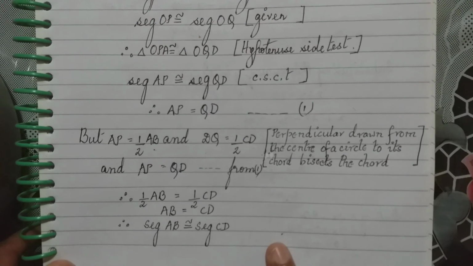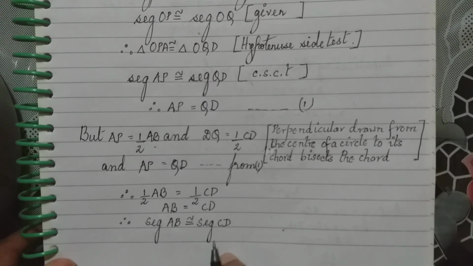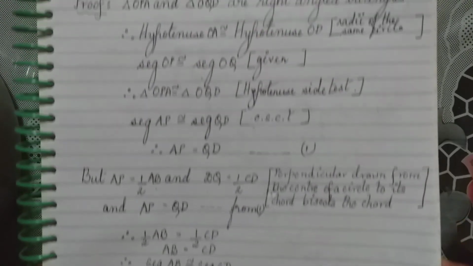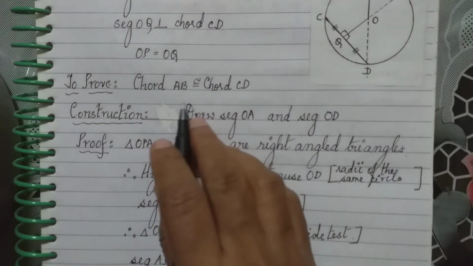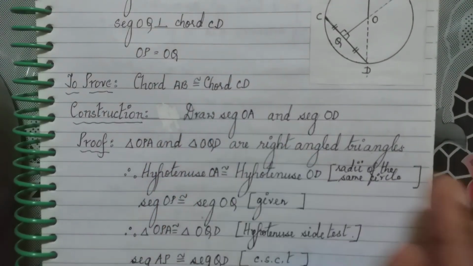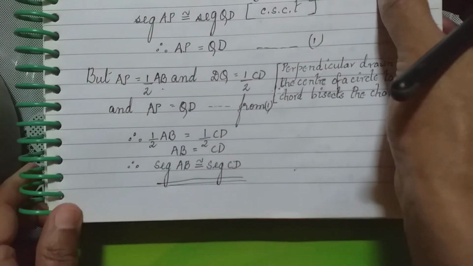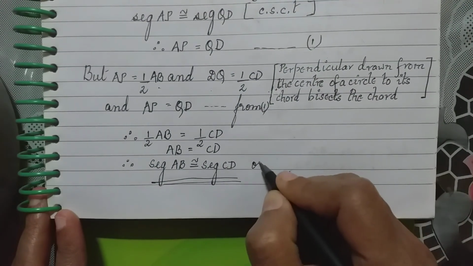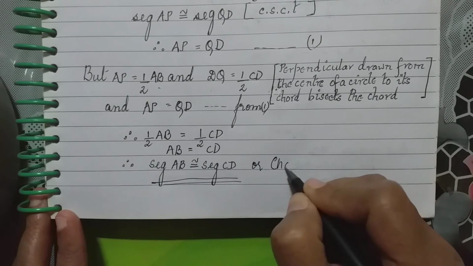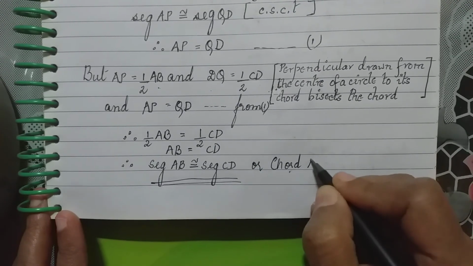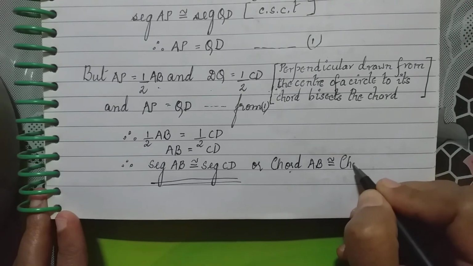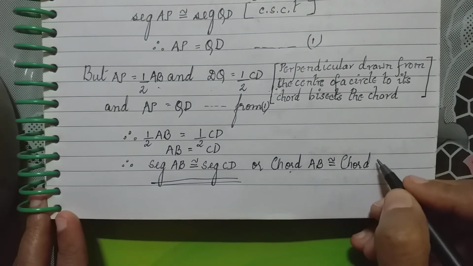And if AB equal to CD, it means that segment AB congruent to segment CD. And that is what we had to prove, that chord AB congruent to chord CD. We have proved here segment AB congruent to segment CD, or we can write chord AB congruent to chord CD.